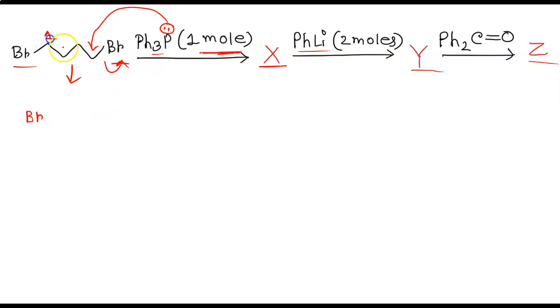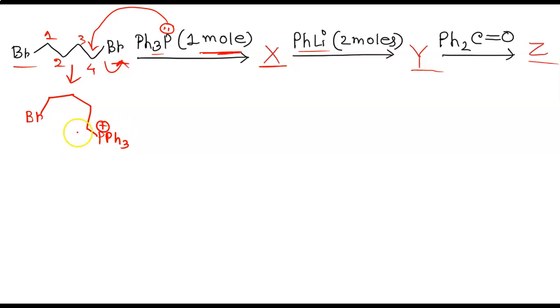How many carbons are there? Just count. 1, 2, 3, 4. And then PPh3, and this phosphorus is positively charged.